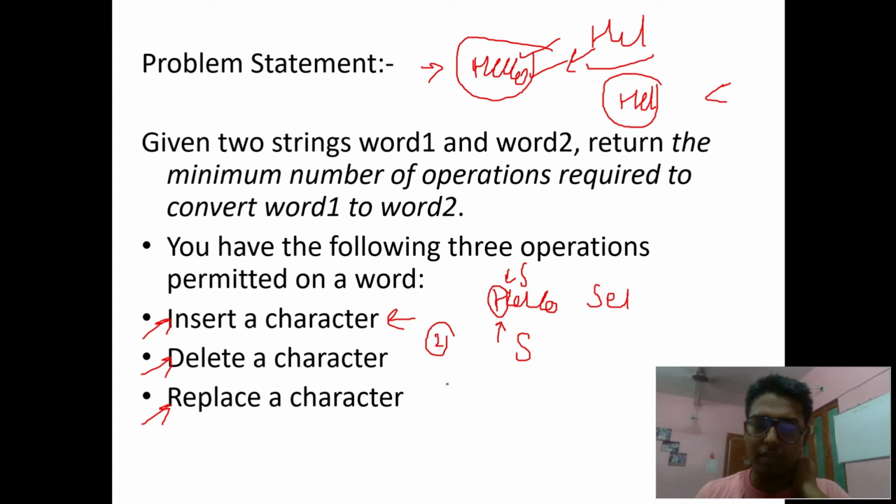If there is an option like replacing, then why do we need to delete and then insert? So instead of inserting the character here, we will simply replace h with s. In that case, one operation is to replace h with s, and now we will have the string cello.